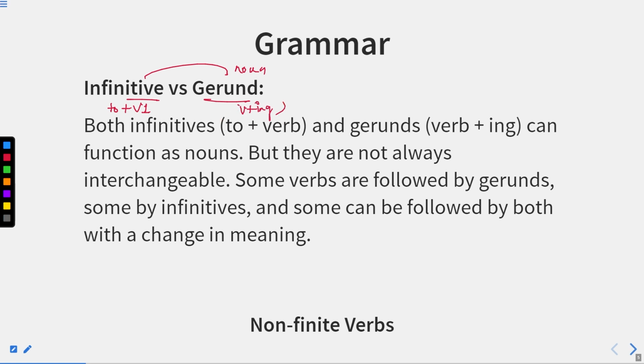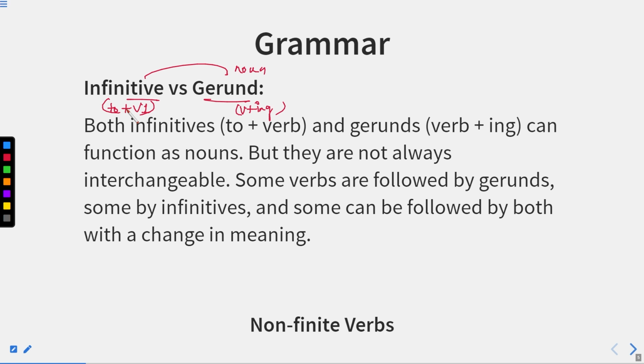Now we know well that if we see two words written over there, we can identify which one is infinitive and which one is gerund very easily with the help of the structure of that particular phrase. But if there is only a sentence and we will be given a blank after that particular verb, and we will be asked whether to use infinitive or gerund over here, then we might get confused.